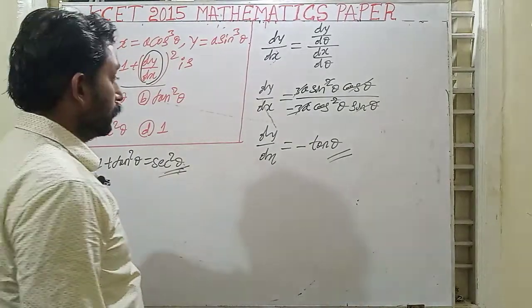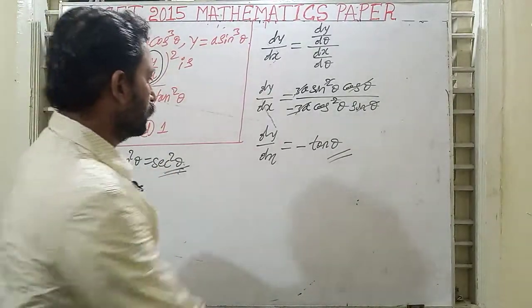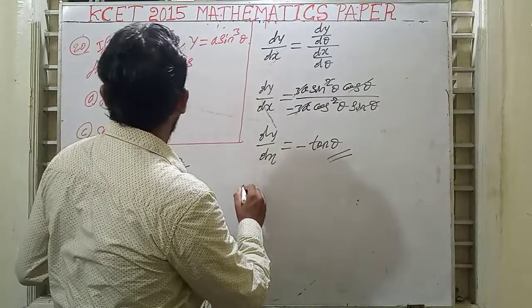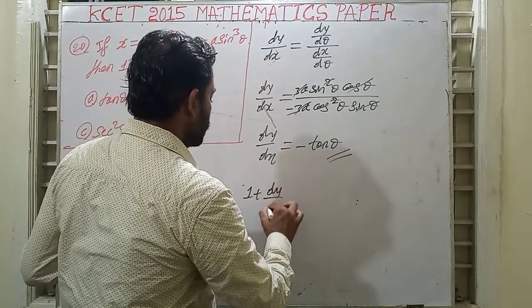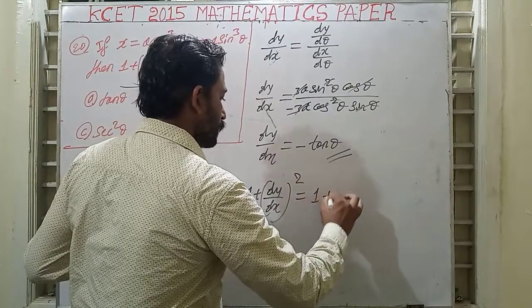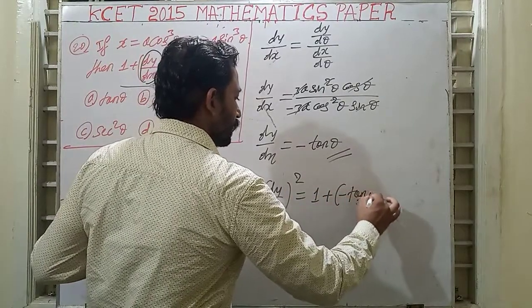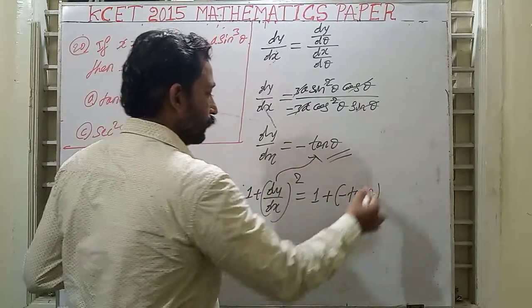We have to find 1 plus dy by dx whole square. So 1 plus dy by dx whole square is equal to 1 plus minus tan theta whole square.